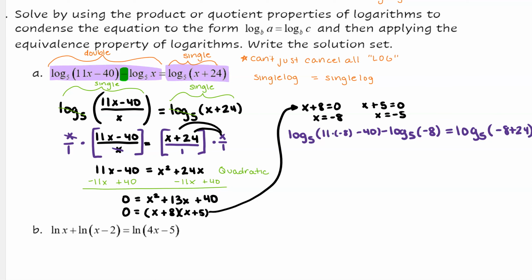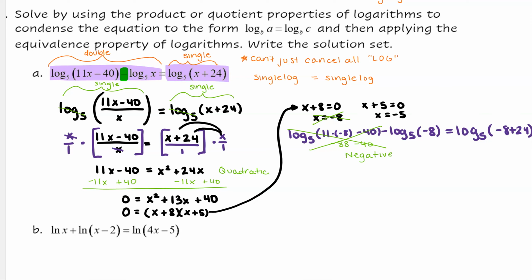But if we do some math here, 11 times negative 8 is negative 88, minus 40, this is a negative number. So right away, I have log base 5 of a negative number, which makes the whole thing bad. X equals 8 is not a good answer.